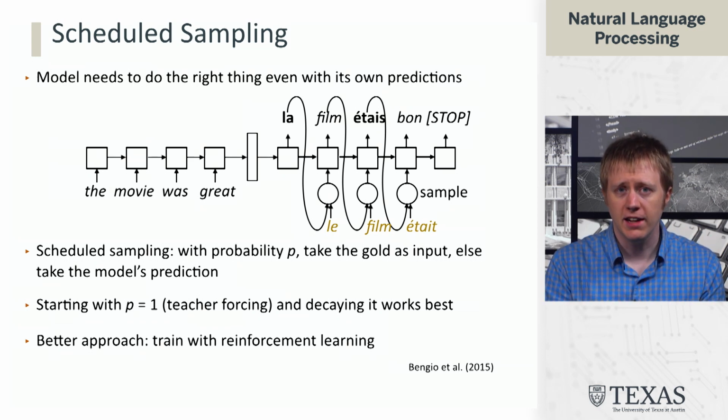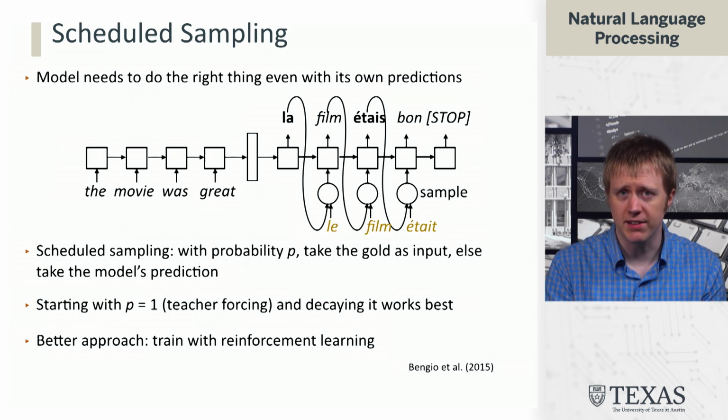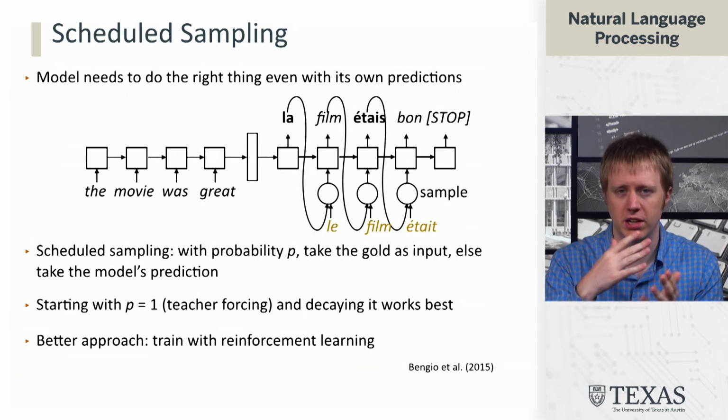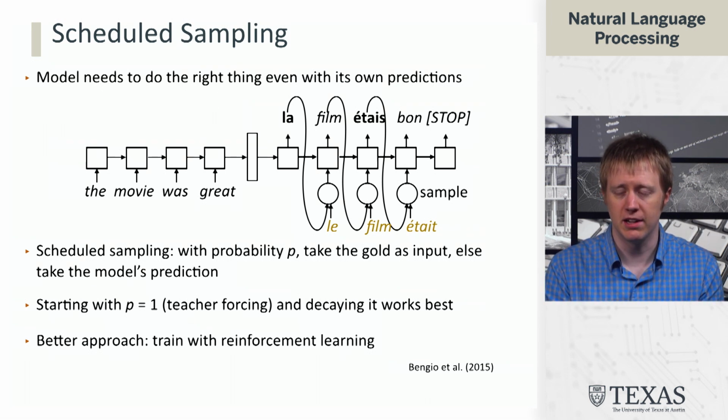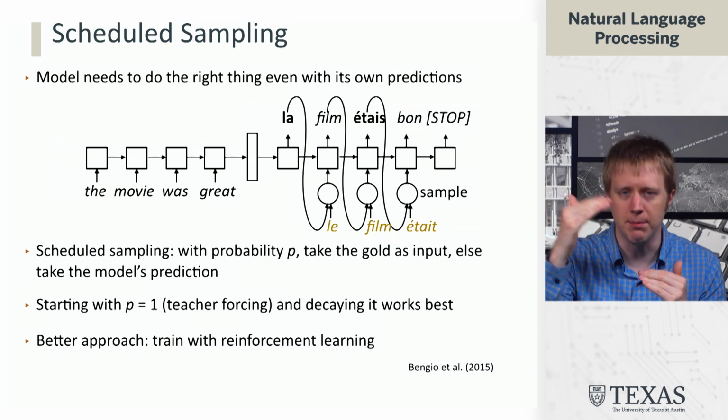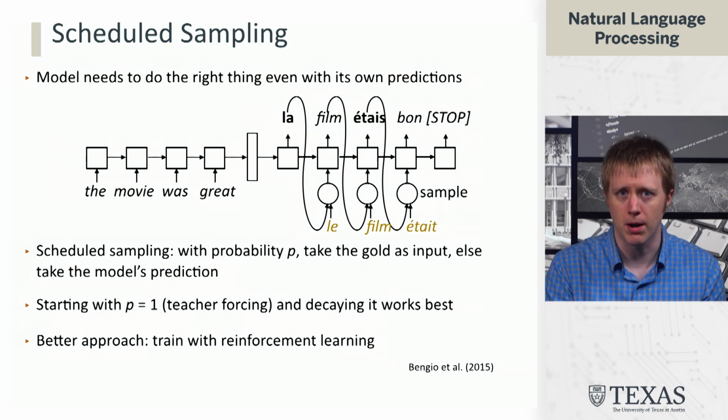So a lot of times you can get Seq2seq models working a little bit better if you incorporate some extra term as a reward function and do some kind of reinforcement learning with them. But starting with teacher forcing and scheduled sampling is certainly enough to get 90% of the way there on most problems.